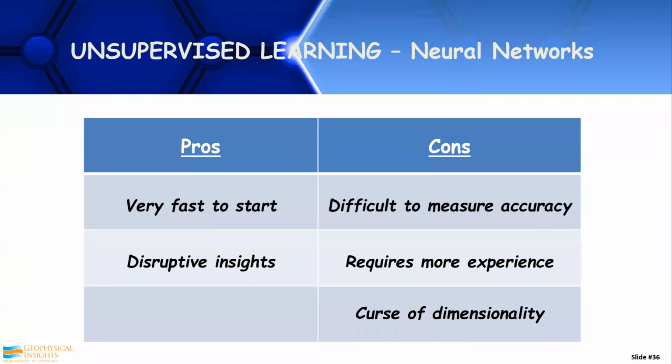We find tying to wells is very important, and it's actually critical to understanding what your unsupervised neural network has produced. Therefore, it does require some experience to get comfortable with the results of unsupervised. And then it also suffers from the curse of dimensionality, which we'll cover in the next slide.